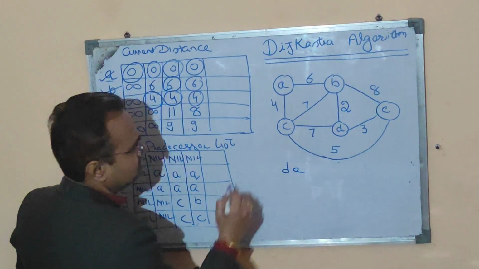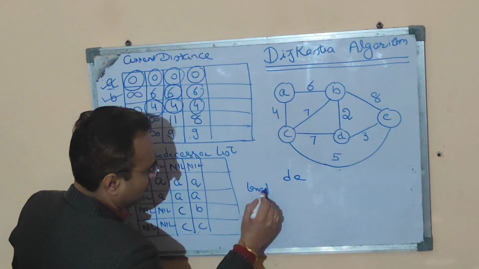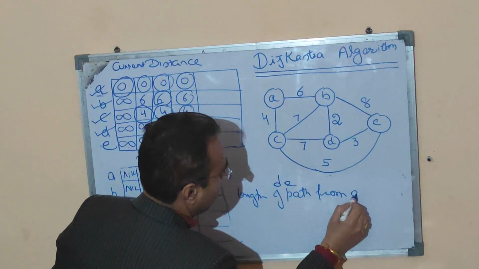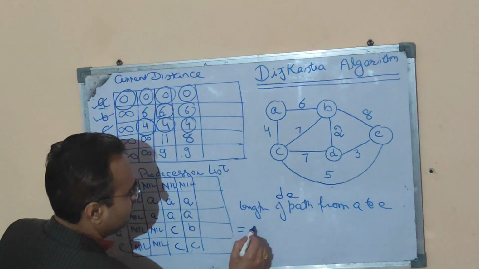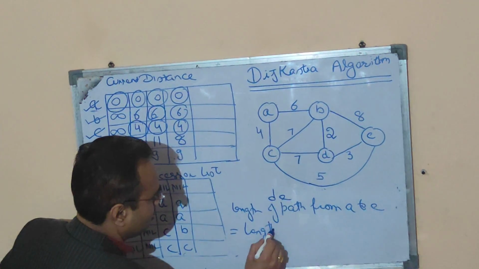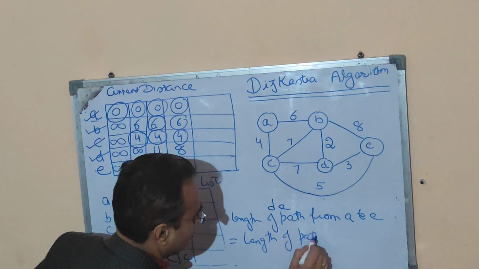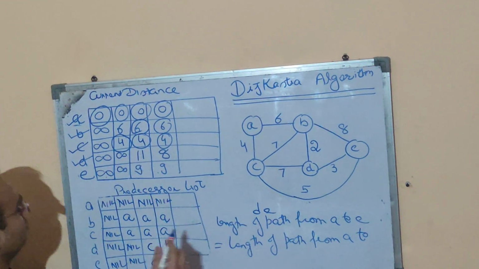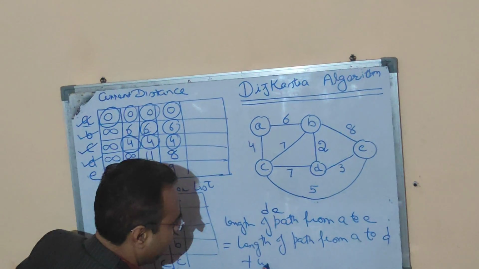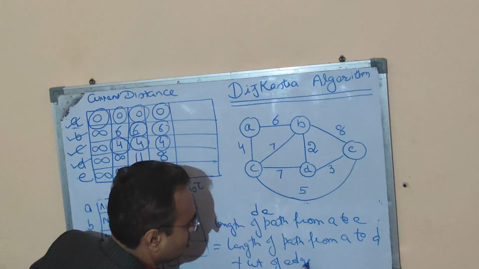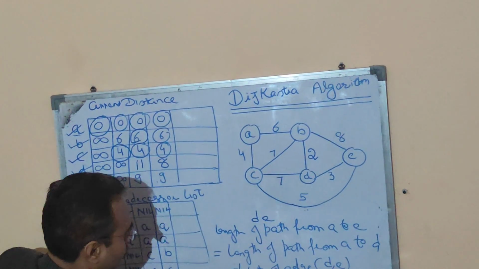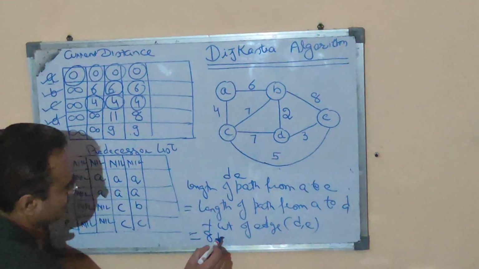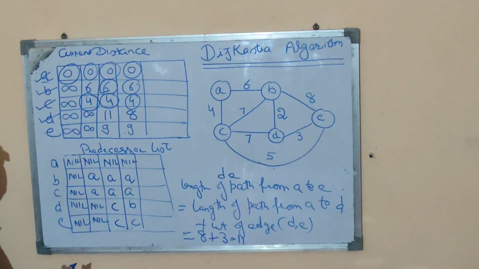So DE is there and length of the path from A to E will be length of path from A to D plus weight of edge D to E. So it is going to be 8 plus 3, 11, which is greater than the already known path.